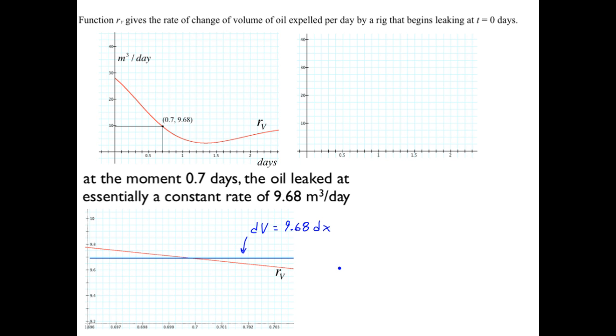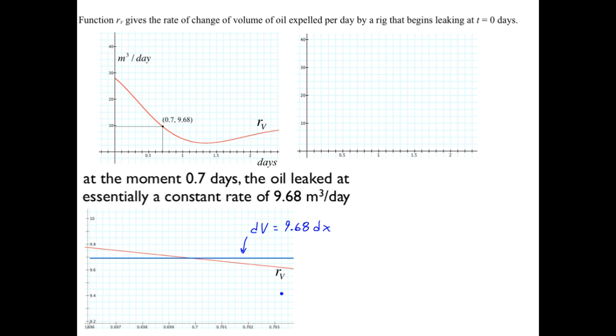So now in this little time interval, by using a constant rate, I can use my constant rate of change mathematics to get a little bit of oil added, because that's our goal. We want to figure out how much oil is accumulating. But with a constantly changing rate, like Leo said, as soon as I go a little bit, my rate is continually changing. I can't use this unless I do it an infinite number of times.